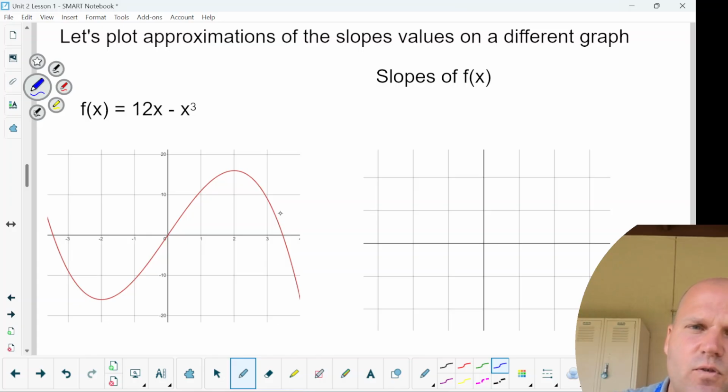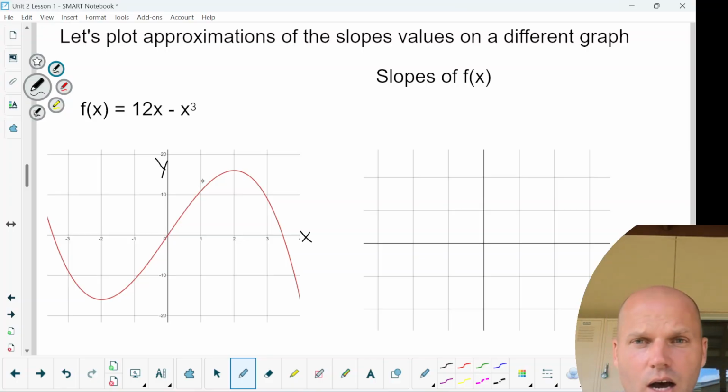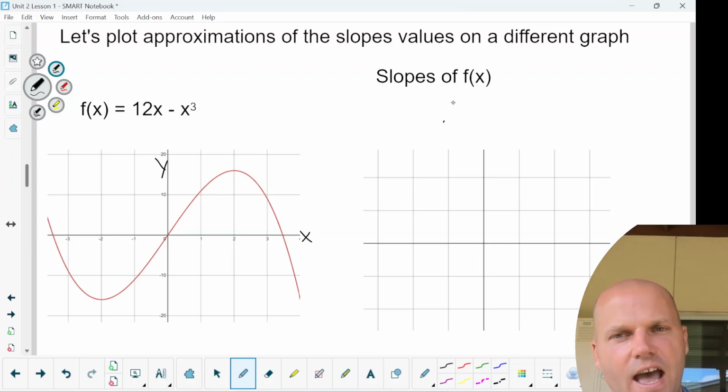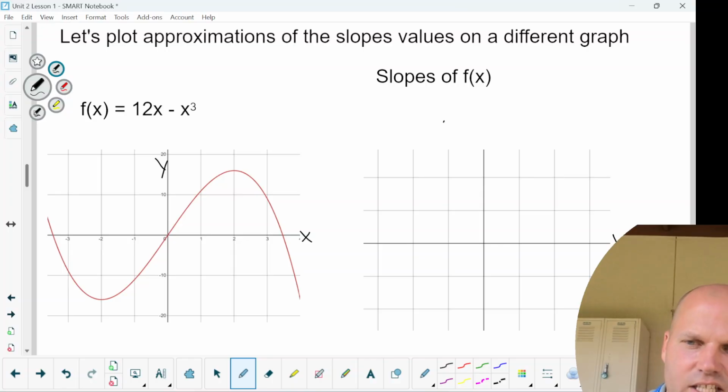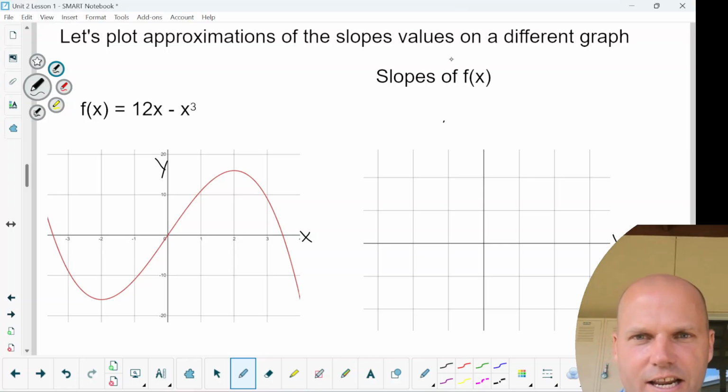I have the graph of 12x minus x cubed over here on the left. We can see we have x's plugged in that produce these y's, for example, 1, 11. But now I would like to graph the slopes of f at specific x values. So I'm actually going to create an m graph where at x we are looking at the m of f of x.